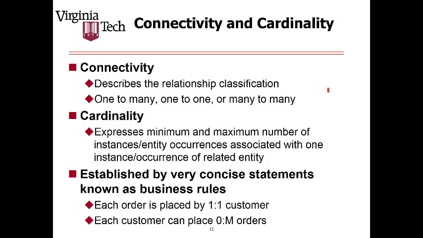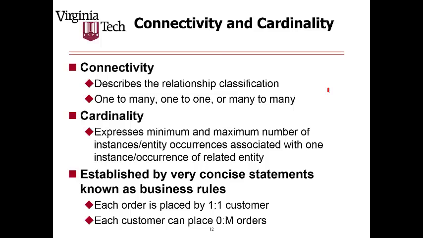Well, there are a couple of terminology issues associated with relational databases and with ER modeling, and these are associated with how many instances of one entity are associated with another instance of another entity. And that is this idea of connectivity.